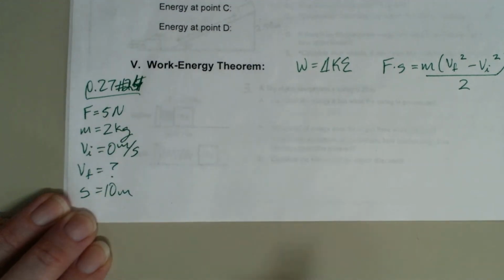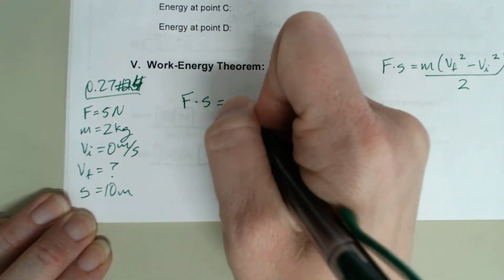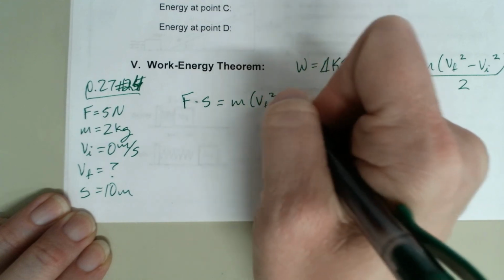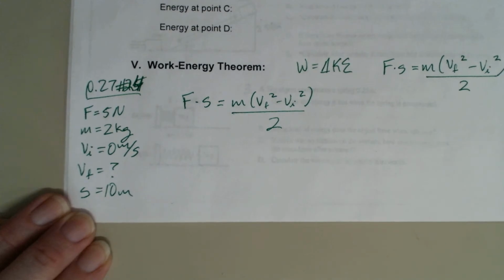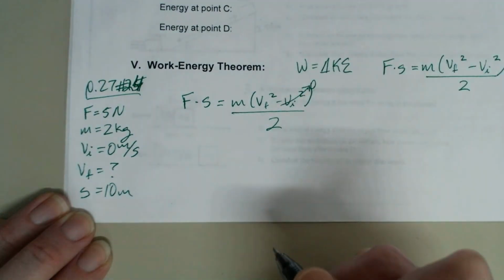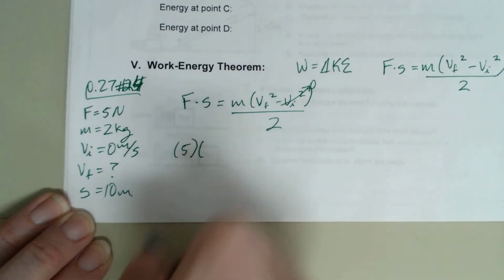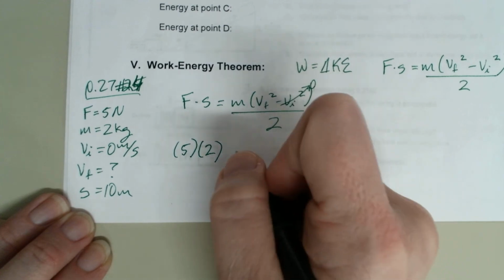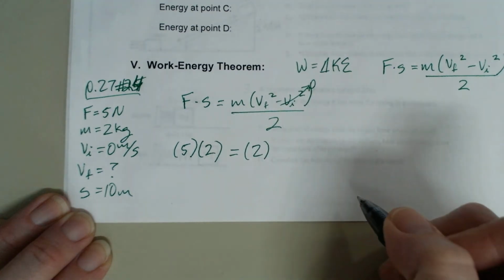Okay? So you're going to use this equation, right? So you're going to do F times S equals M times V final squared minus V initial squared over 2. Okay, so I wouldn't do a ton of algebra with this. I would probably just go ahead and plug and then do the algebra with the numbers, okay? But if your V initial is 0, you can probably just get rid of it in your equation and then plug everything else in. So your F is 5. Your S is 2. Your mass is 2.